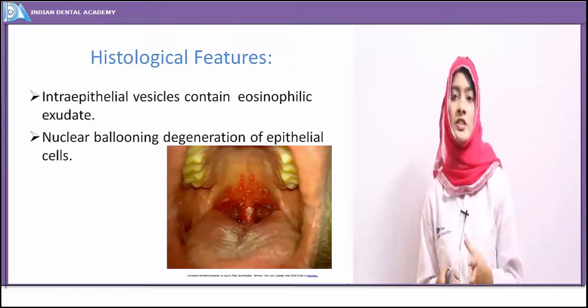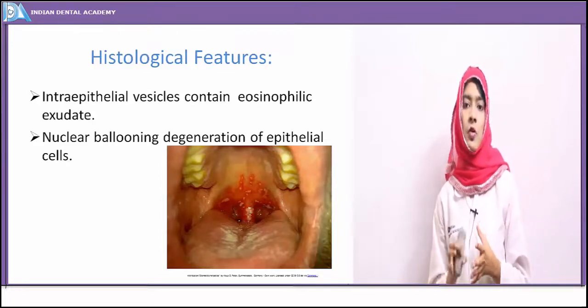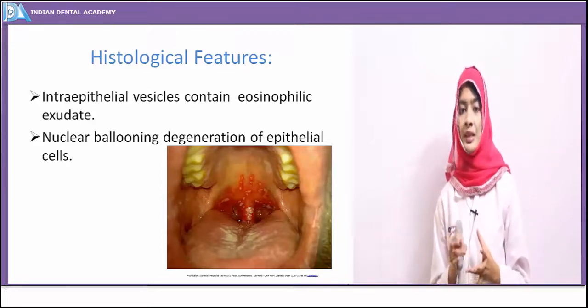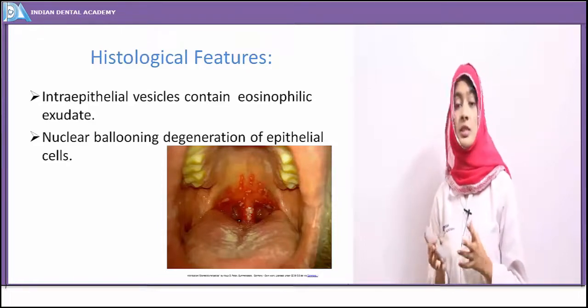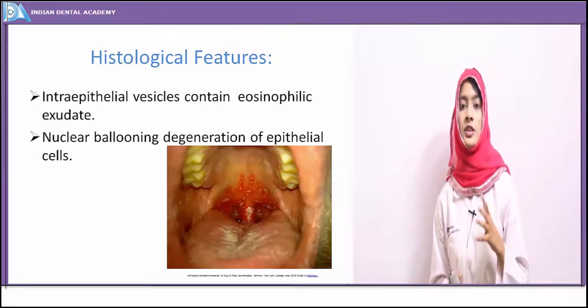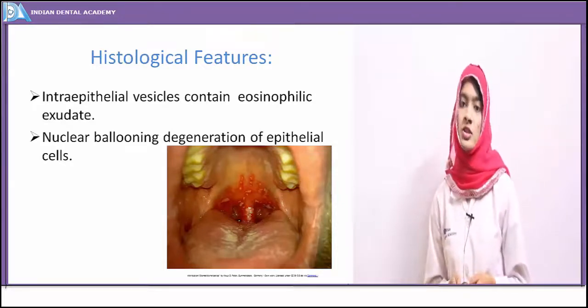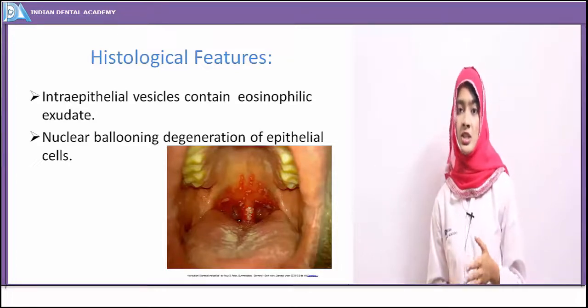They are exudative in nature. These vesicles rupture and form ulcers which eventually heal. This is an extremely painful condition because of the erythematous nature of the lesion. A lot of inflammation and exudative reaction is seen.